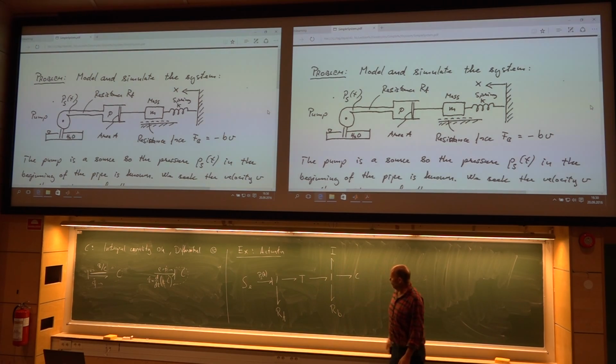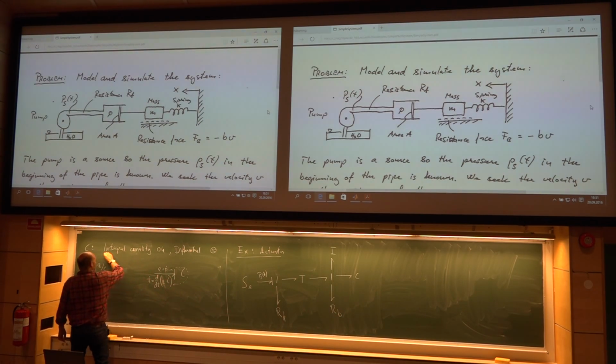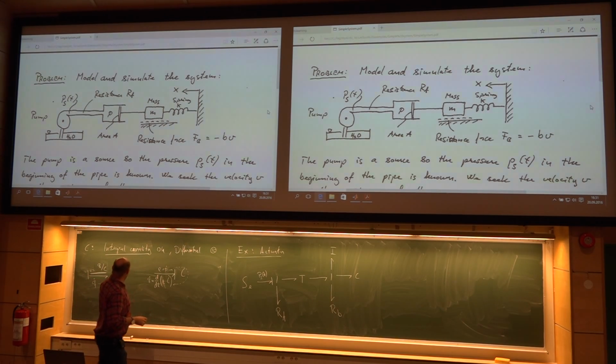Then we continue further. Here again a resistance. Nothing is decided. But here we have an I and a C element. When nothing is decided and you have one of these energy storage elements left, then you can choose, always choose the desired integral causality. So let's now start with this C element.